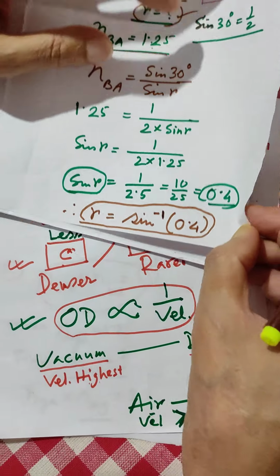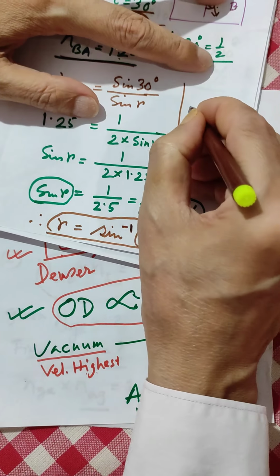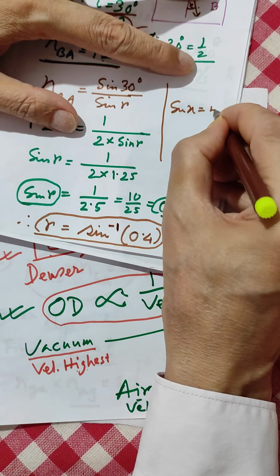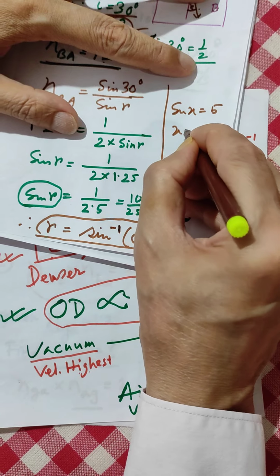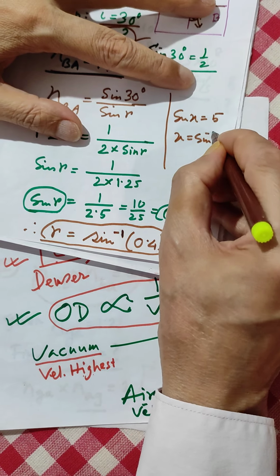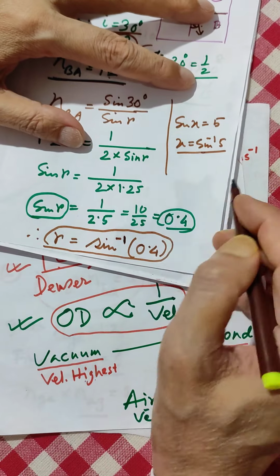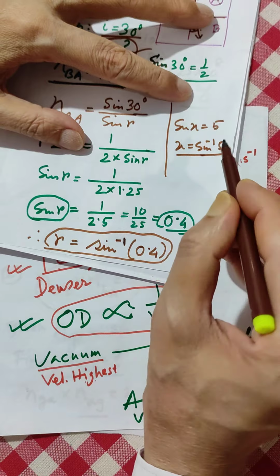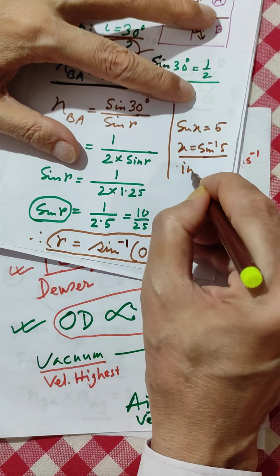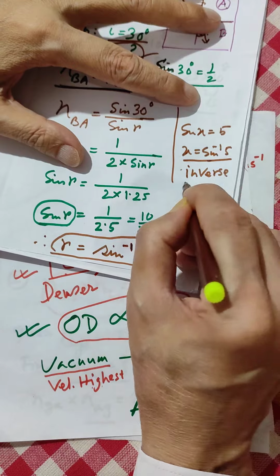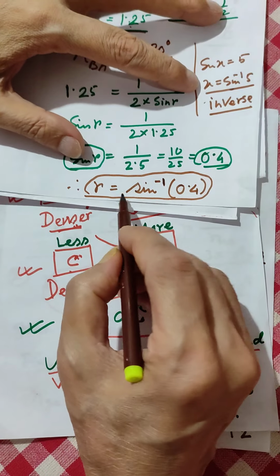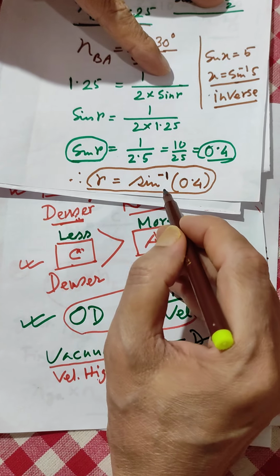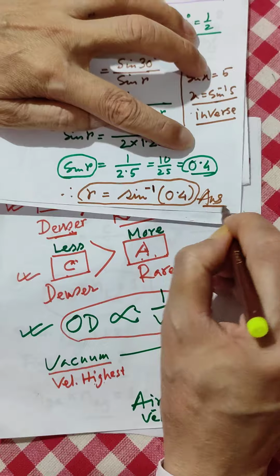For example, suppose sin x equals 5, therefore x equals sine inverse 5. This is how we write. And how do you read it? Sine inverse 5. And this one, you read as sine inverse 0.4. So this is the answer. So r equals sine inverse 0.4. So this is the final answer.